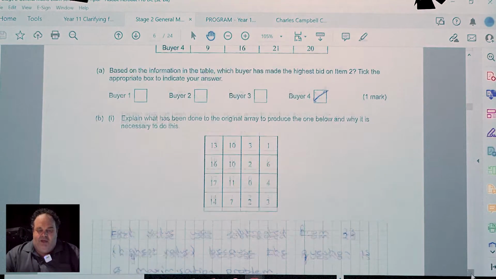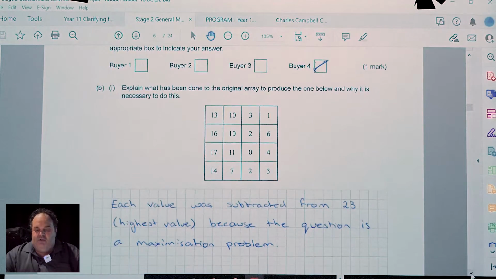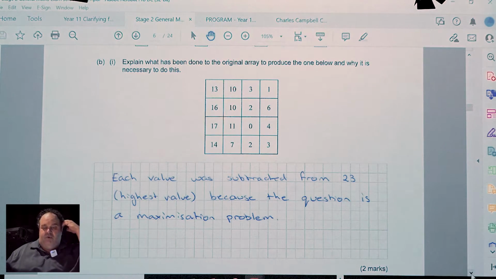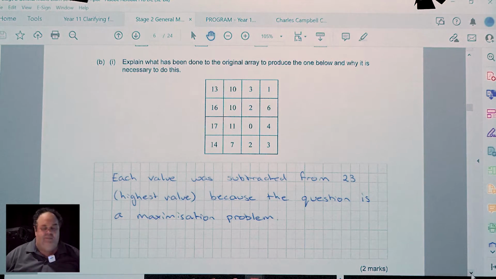Part B, we're told that they're wanting to maximise, so to get our 2 marks here, we need to state the rule. So we're subtracting every value from 23, because 23 is the highest value, because the question is a maximising problem.